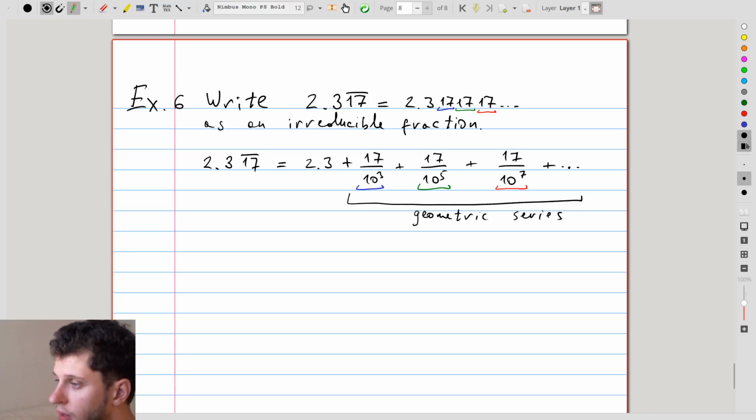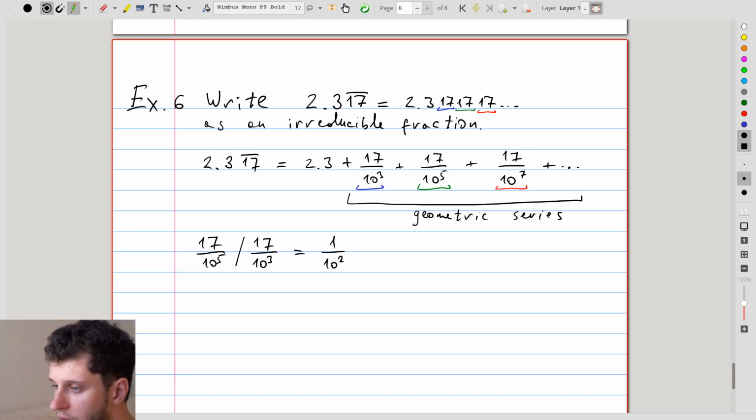So indeed, that is because if I look at the ratio, say 17 over 10 to the fifth over 17 over 10 to the third, this ratio is simply 1 over 10 squared.